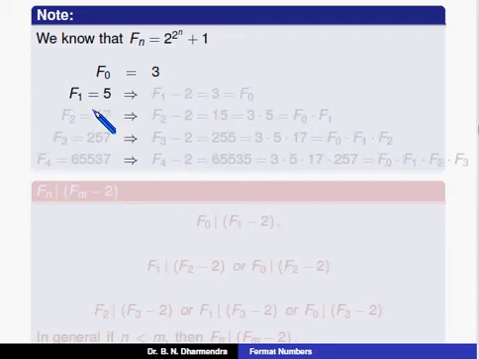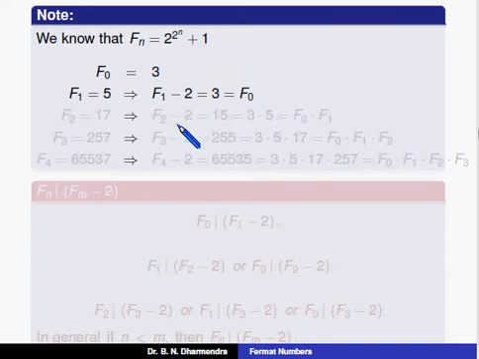Here we subtract 2 from both sides, that is F1 minus 2 is equal to 5 minus 2. The value of 5 minus 2 is 3. What is 3? 3 is F0. So F1 minus 2 is equal to 3, which can be written as F0. So definitely F0 divides F1 minus 2.